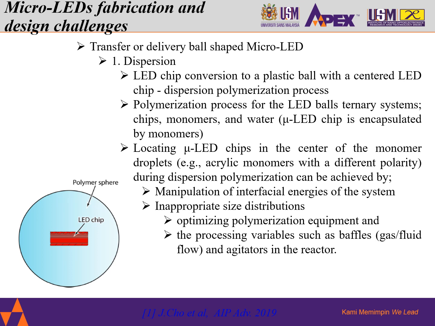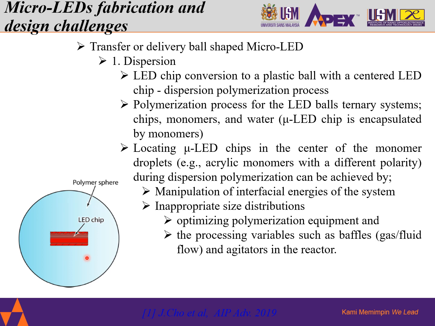For the transfer or delivery of the ball-shaped micro LED, the first method is dispersion. In this method, the conversion of an LED chip to a plastic ball with a centered LED chip, like here, can be prepared by a dispersion polymerization process. The polymerization process for LED balls uses ternary systems: chips, monomers, and water. The micro LED chip is encapsulated by monomers, locating the chips in the center of the monomer droplets.